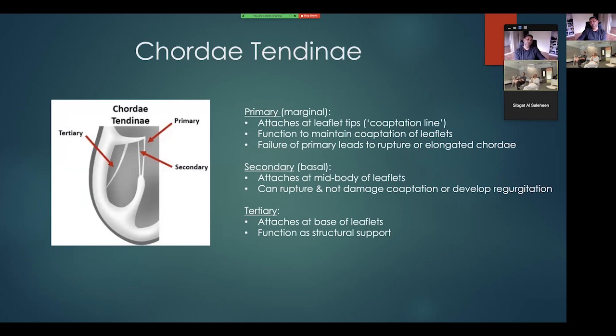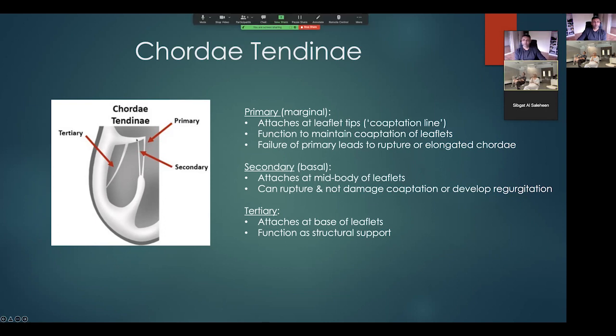There are 3 types of chordae tendineae: primary, secondary, and tertiary. The primary or marginal chordae attach at the leaflet tips and help in making the coaptation line. If there's a failure of the primary chordae tendineae, there would be a problem with coaptation and significant regurgitation.